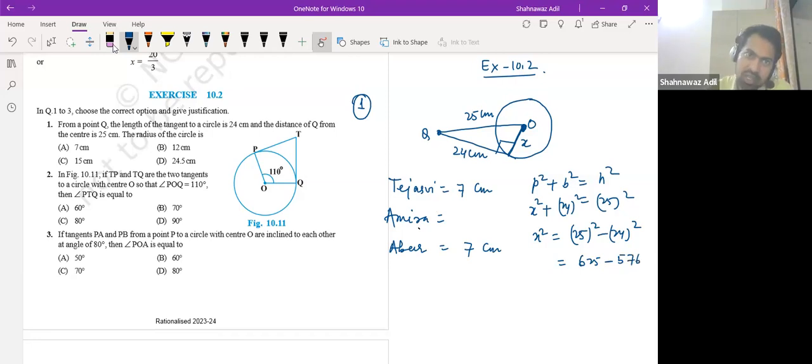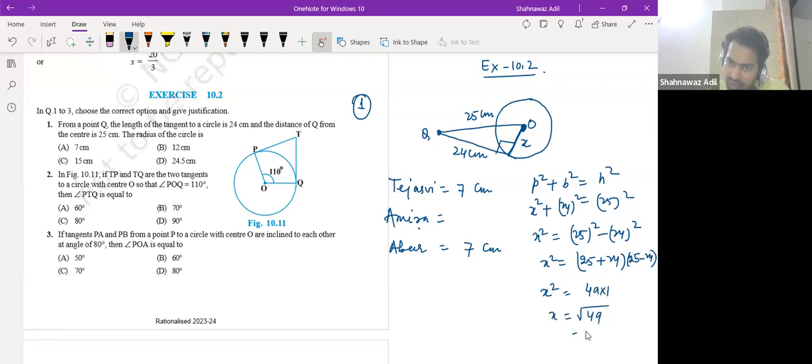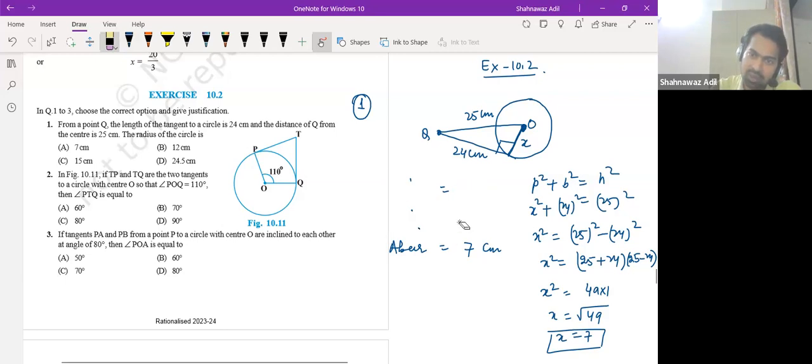Or you can also use the relation a squared minus b squared: 25 plus 24 and 25 minus 24. So x squared is 49, so x is root 49, so 7. Yes, sir. So understood, Amira? Yes, sir. Good.